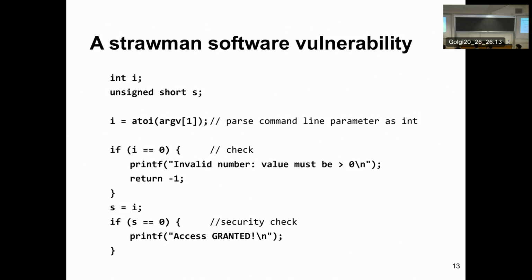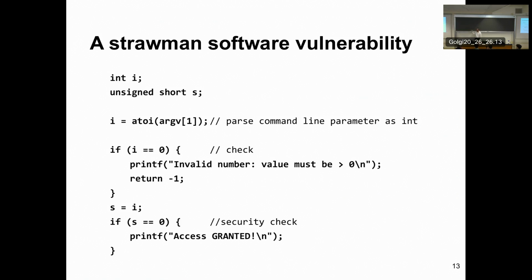Which means that for any non-zero positive integer that is a multiple of 2 to the 16th power, which is 65,536, the short int is 0.